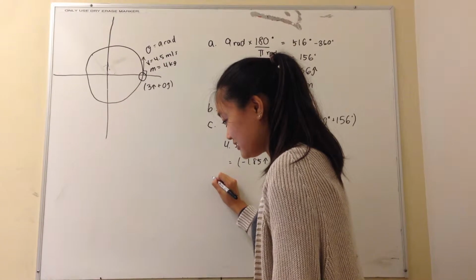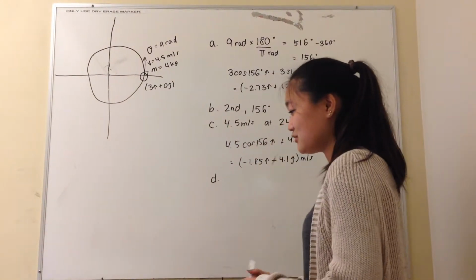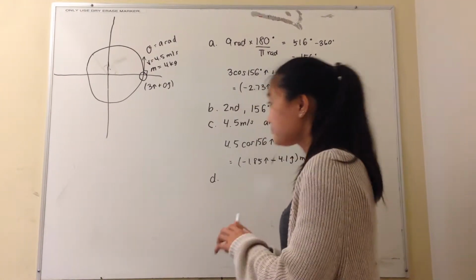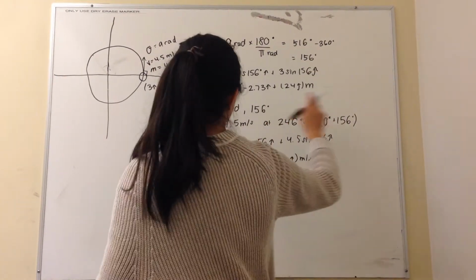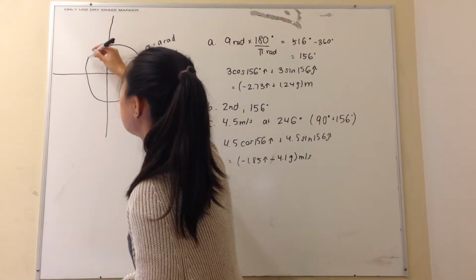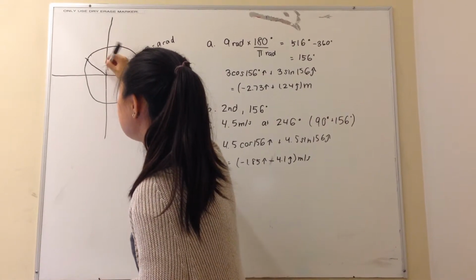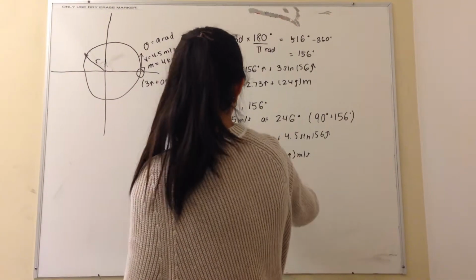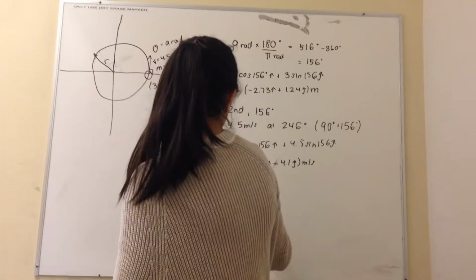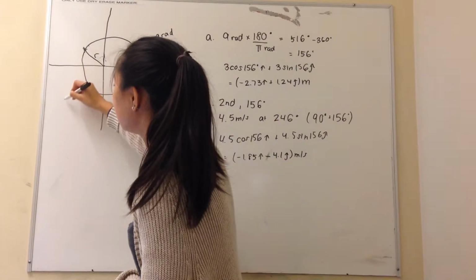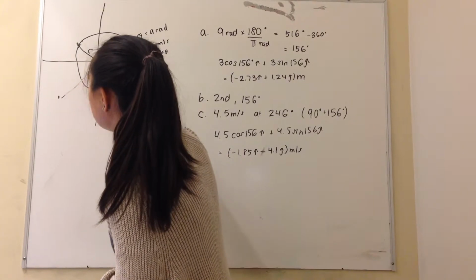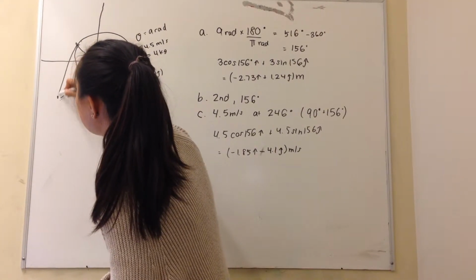And then for part D, it asks what direction it is moving, and to make a sketch of its position, velocity, and acceleration vectors. At 156, it's in the second quadrant, so it's out here. This is the position vector, and for velocity, it's at 246, so it's like this.